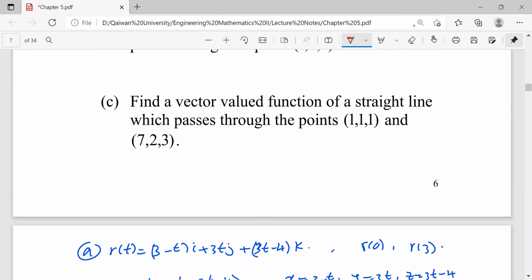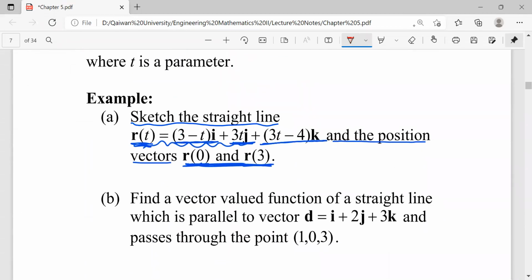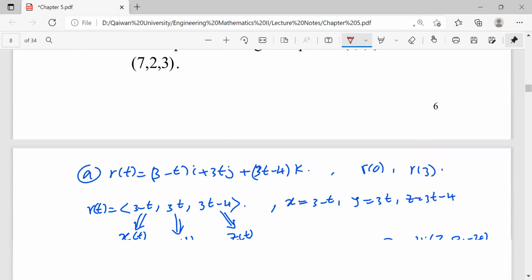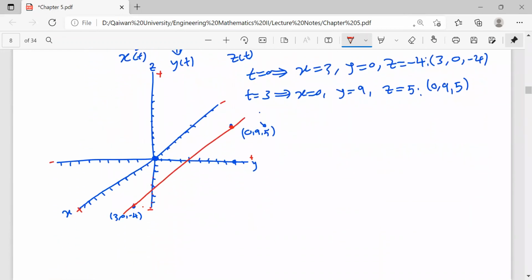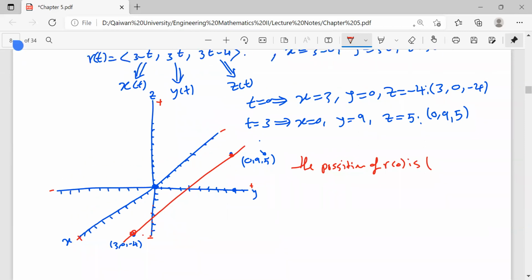Now it says find the position vectors r of 0 and r of 3. So r of 0 is this one. The position of r of 0 is 3, 0, and -4. Look, when t is 0, we get 3, 0, and -4.